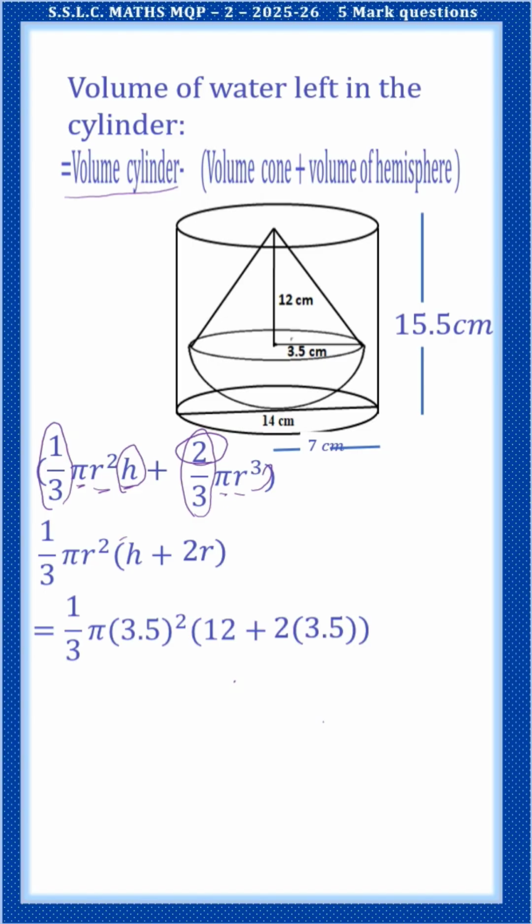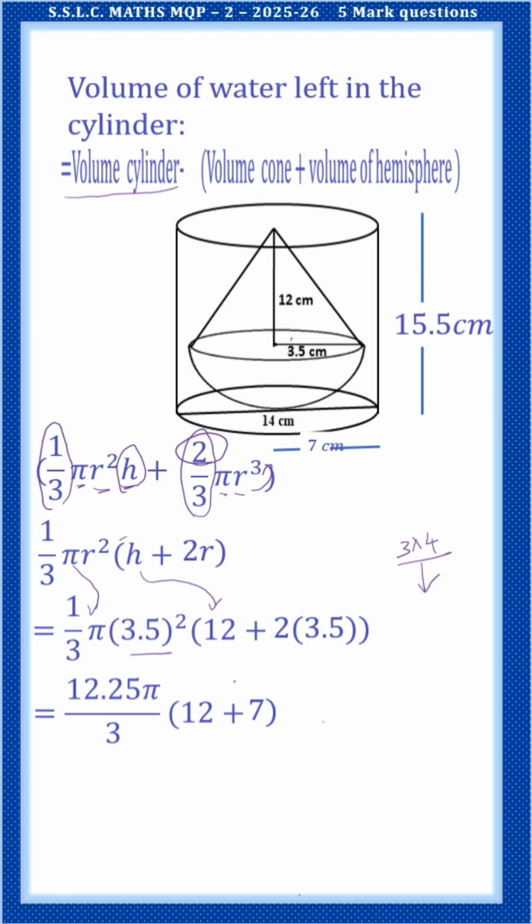Let us keep pi as such. Here radius is 3.5 square. Height h of the cone is 12 centimeter. 2 into 3.5. Here now 3.5 square, what is it? 3 into 4, let us use Vedic mathematics for this.